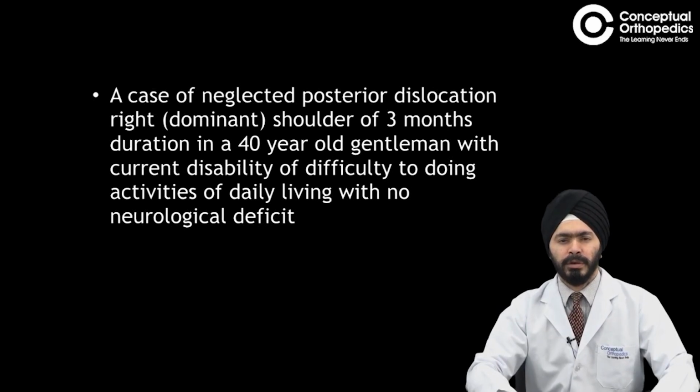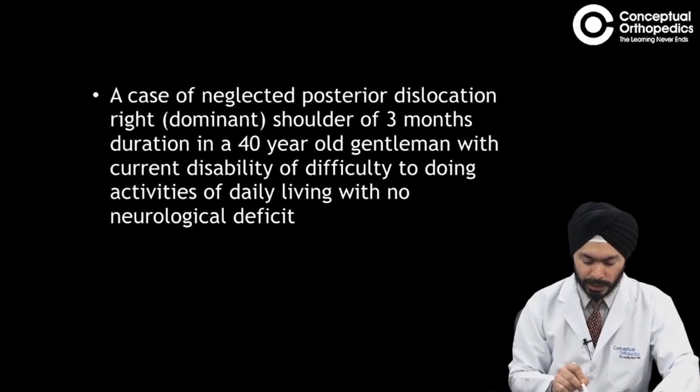So you have to give your diagnosis like, I'm presenting a case of neglected posterior dislocation of right dominant shoulder of 3 months duration in a 40-year-old gentleman with current disability of difficulty in doing activities of daily living with no neurological deficit.